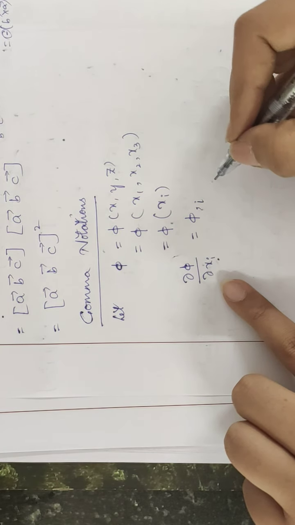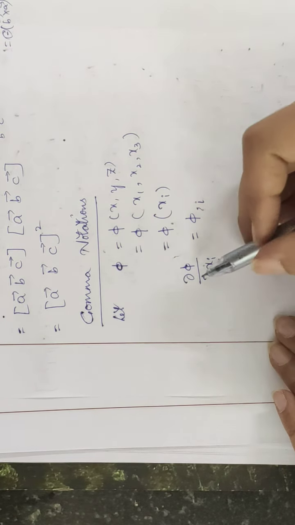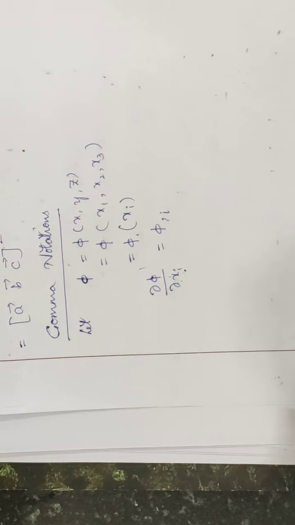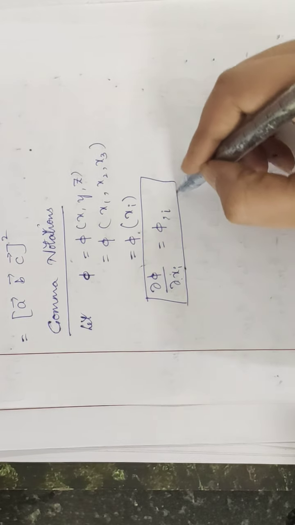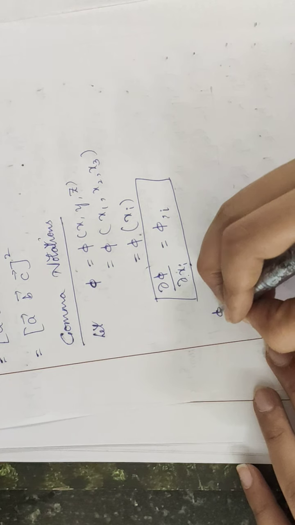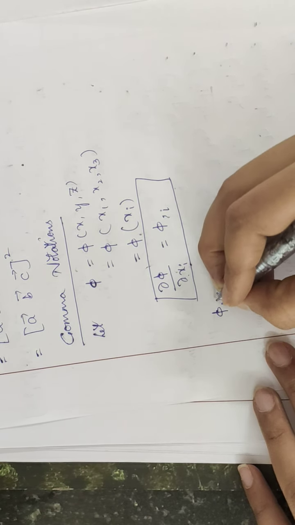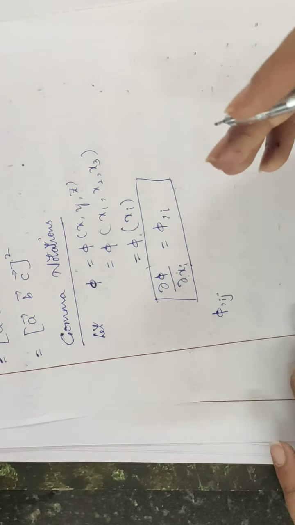This comma is nothing but the notation of your dou by dou x, or you can say it is a notation of your partial derivative. So this is how we will use comma notation in continuum mechanics. Similarly, if I write phi comma ij, this comma ij will be in the suffix of your phi. Don't write it next to phi.